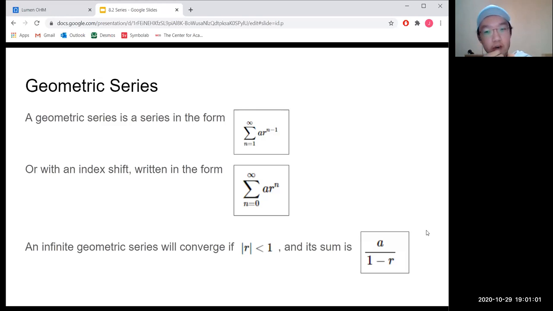The reason r cannot be 1 is that the formula for the sum of a series would become a division by 0, which is undefined. So if r is 1, that's also divergent because the sum is undefined.